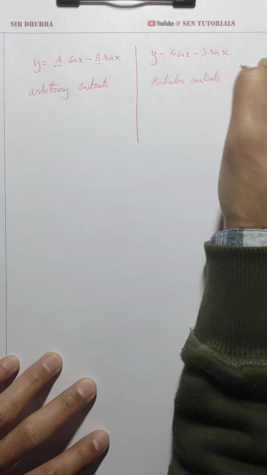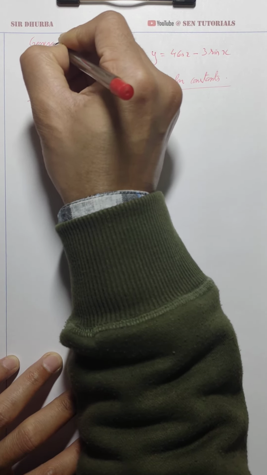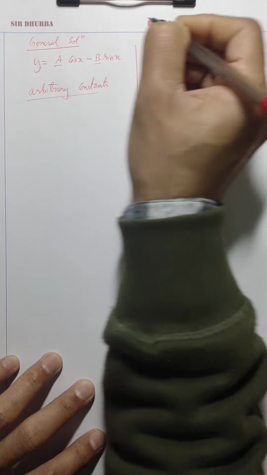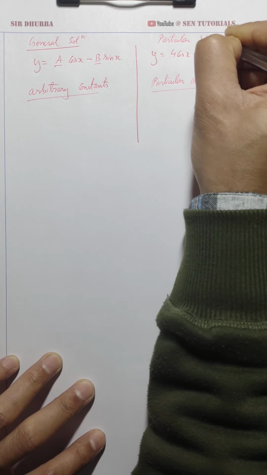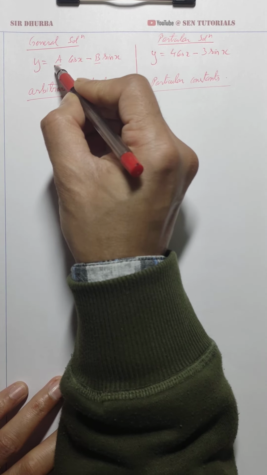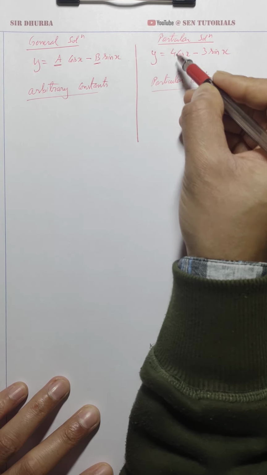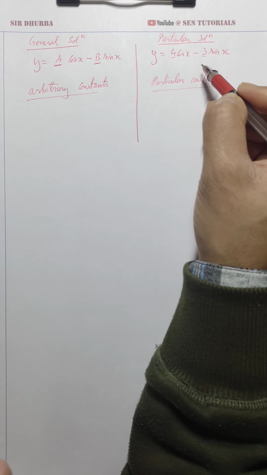That is the only difference between general solutions and particular solutions. In general solutions, the constants will be arbitrary constants, and in particular solutions we will have specific particular constants.